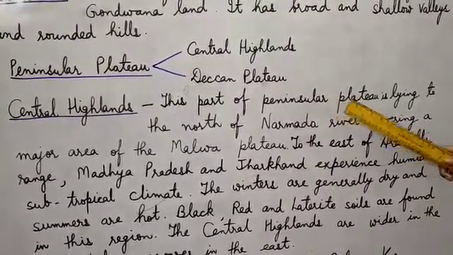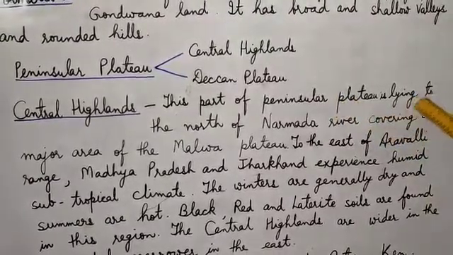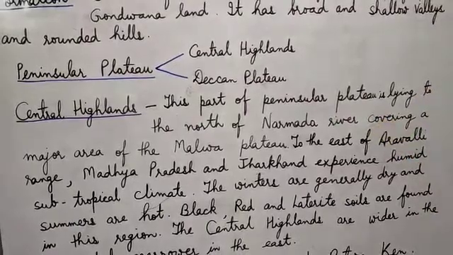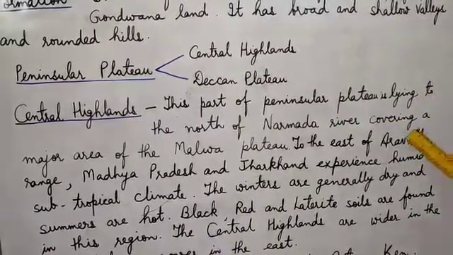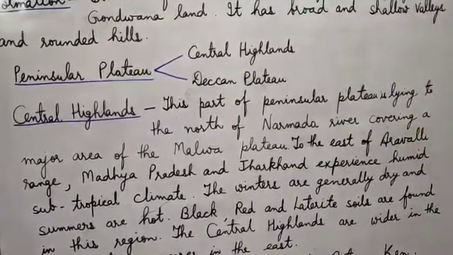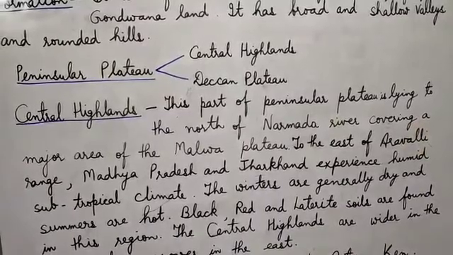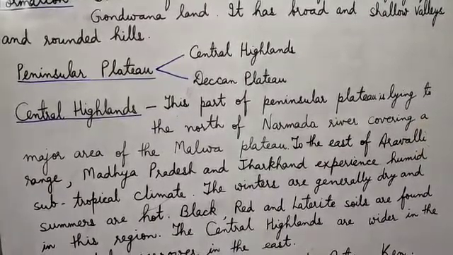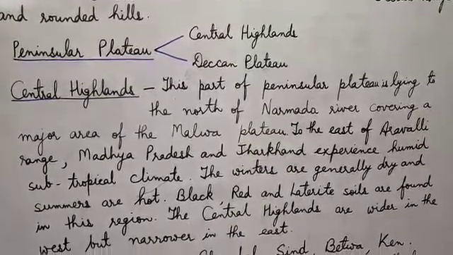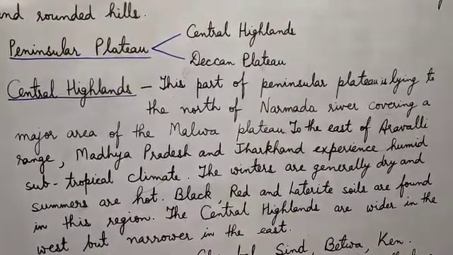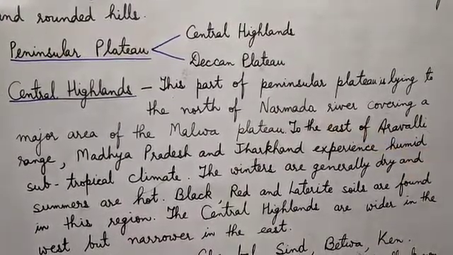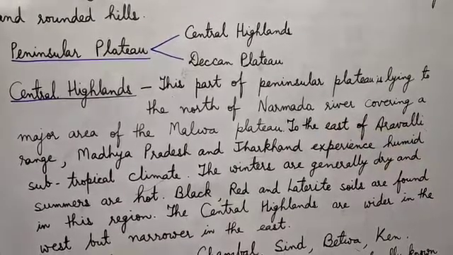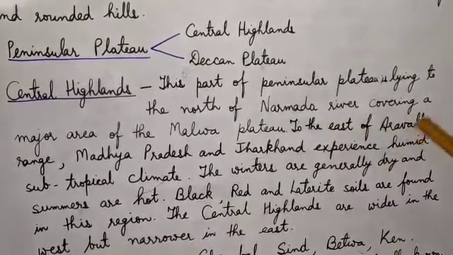This part of the peninsular plateau lies to the north of the Narmada River, and it covers a major area of the Malwa Plateau. So this part of the peninsular plateau is called the Central Highland. It lies north of the Narmada River, to the east of the Aravalli Range.